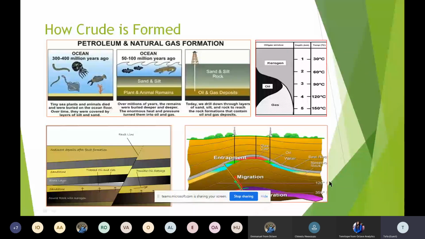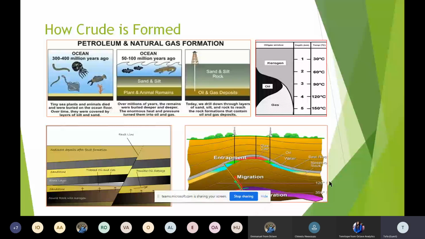So I'll just proceed and give us a very, very high level explanation of how oil itself is formed. My premise for doing this is that if you have some form of understanding of what the first principles are, then most likely you can reason up and be able to think up solutions. So crude is actually formed from animal and plant matter.